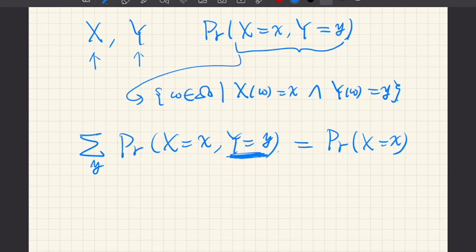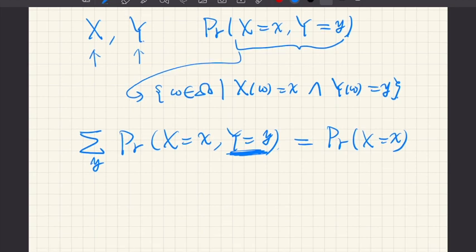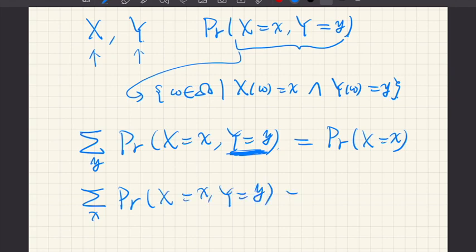And also, of course, if we sum over all possible values of x, we should have the probability of y.